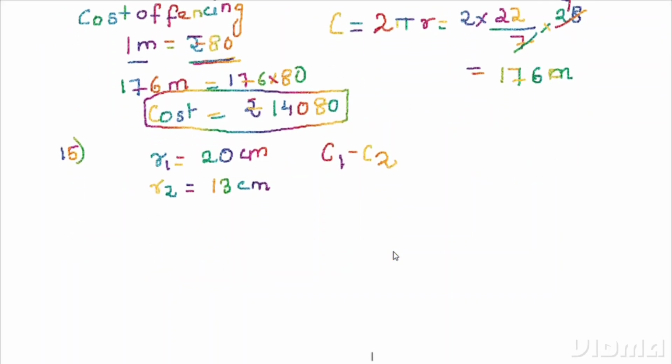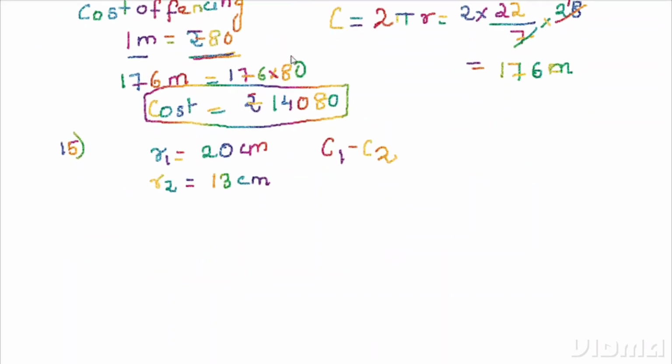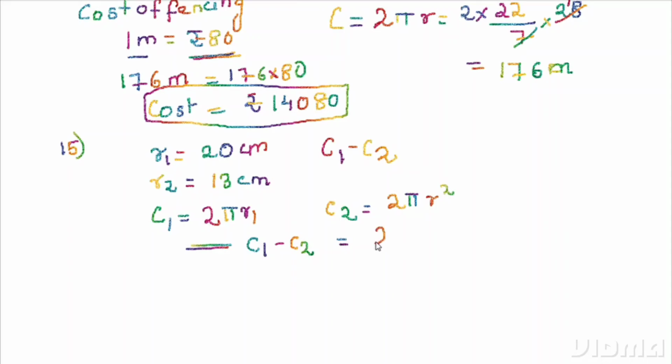Now I can find C1. It will be 2 pi R1. Then C2 will be 2 pi R2. I have to do C1 minus C2. Instead of calculating separately, I can write 2 pi R1 minus 2 pi R2.